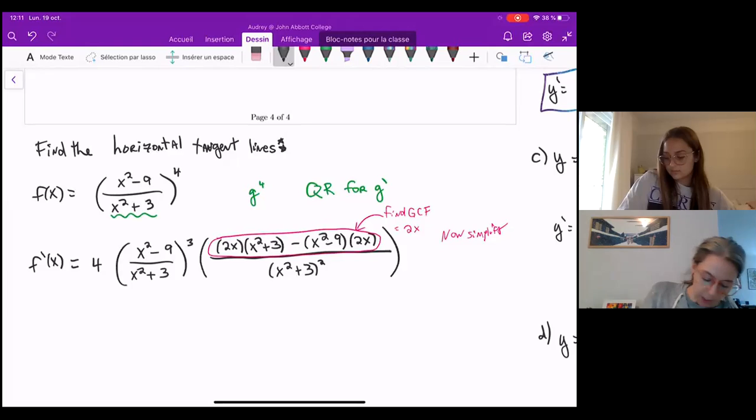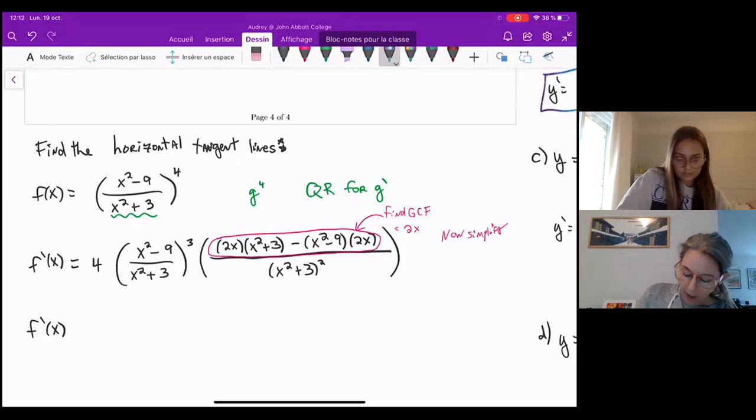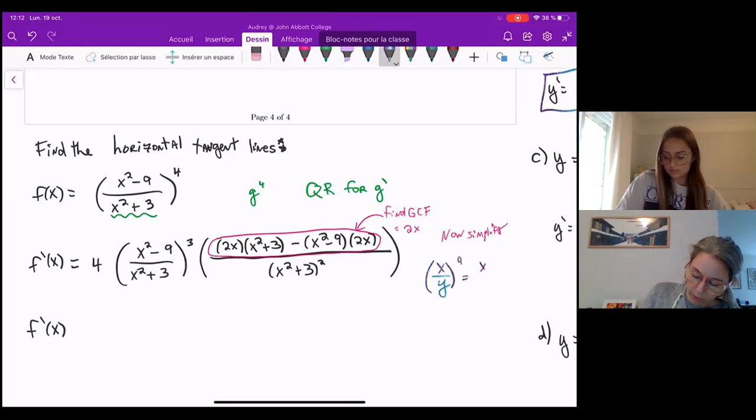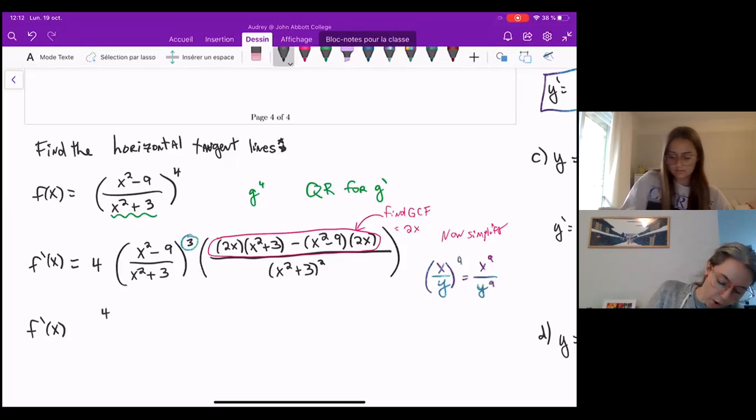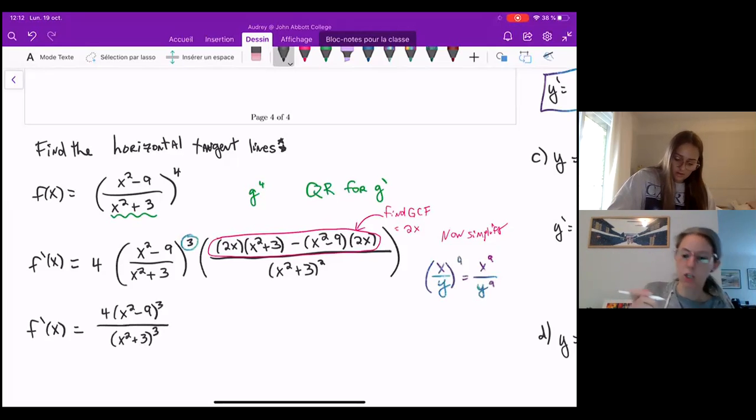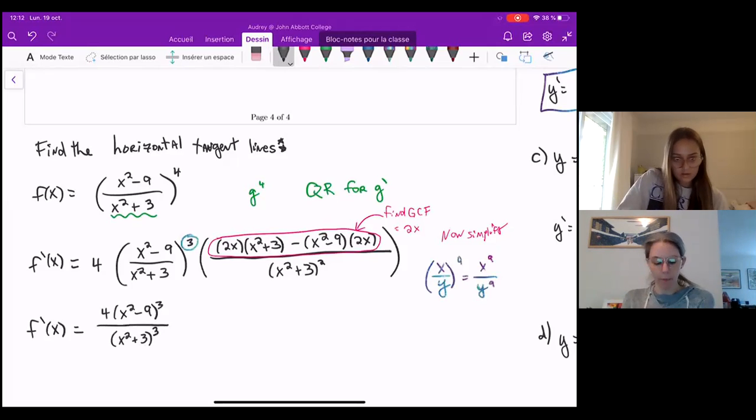So now another thing I'm going to do when I'm simplifying this is we've said that (x over y) to the power of a, I can distribute that power. And I'm going to do that with this power of 3 that I have right here. So I'm going to have 4 times (x squared minus 9) cubed all over (x squared plus 3) cubed. So I distributed that power of 3 to the top and the bottom.